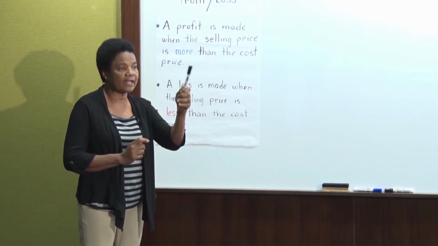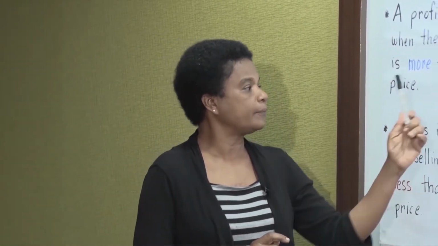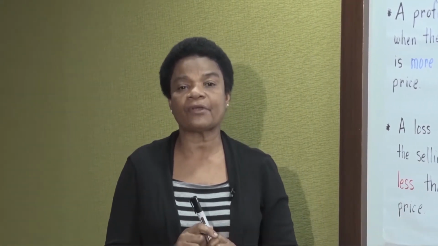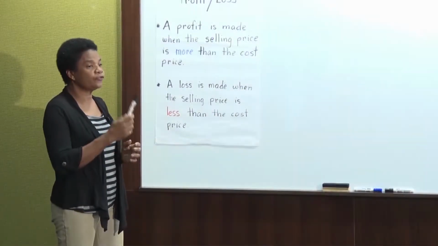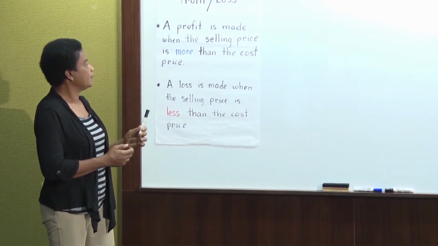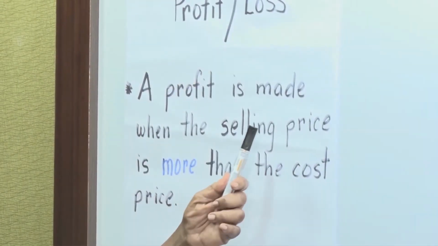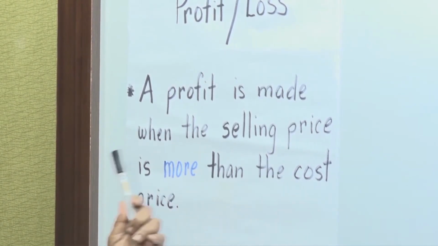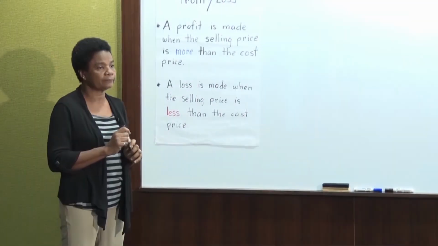If I were to sell it to you for $7, I am going to sell it for more than the cost price, so my profit will be 7 subtract 5, which is $2. I would have made a $2 profit on this marker. Why? Because my selling price of $7 was more than my cost price of $5.